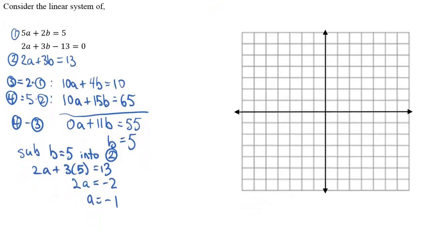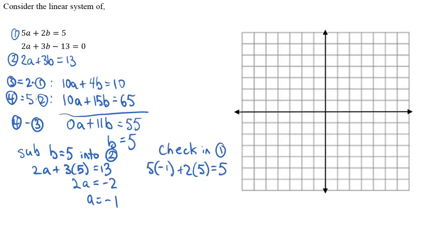Now I want to check these answers. I'm not certain if I'm right. So let's check. We used equation 2 to find a, so let's check in 1. So we got 5 times minus 1 plus 2 times 5 equals 5.